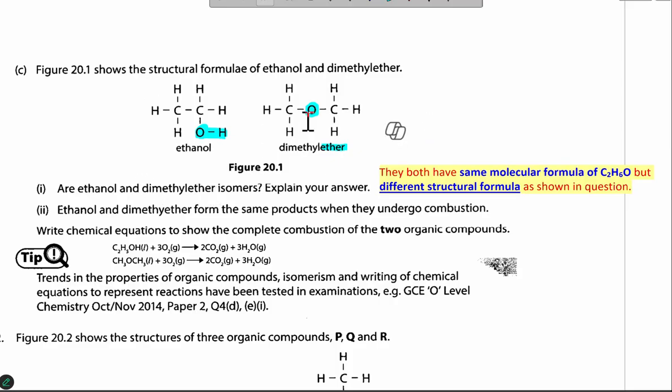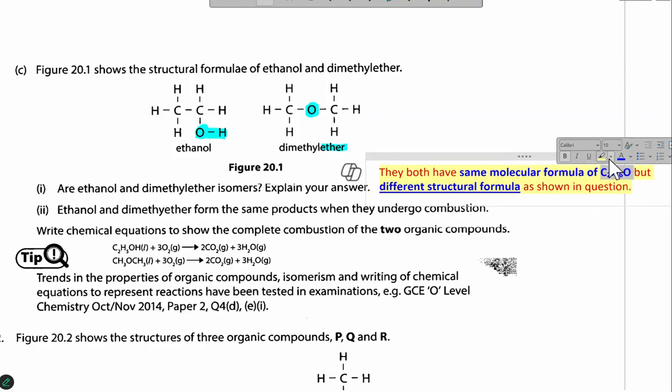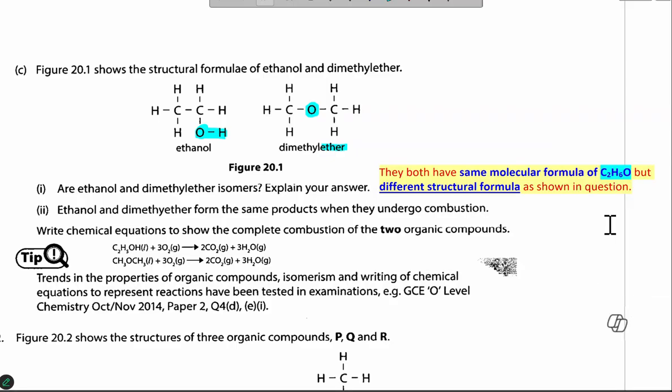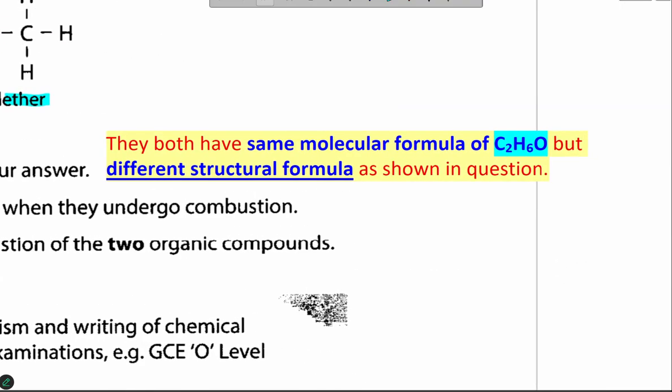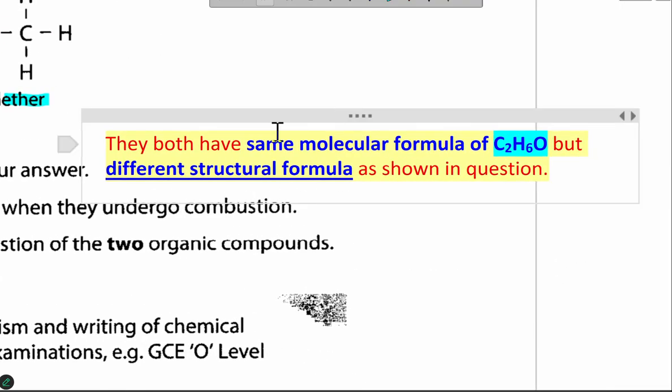So please check the molecular formula. So in your explanation, you must state the molecular formula, which is this. You see that? Okay, I'll highlight here. So you work it out. C2H6O. Alright? Don't write other forms. You must put all the carbon, all the hydrogen, and oxygen together and only show 3 elements. So I can say that they both have the same molecular formula of this.